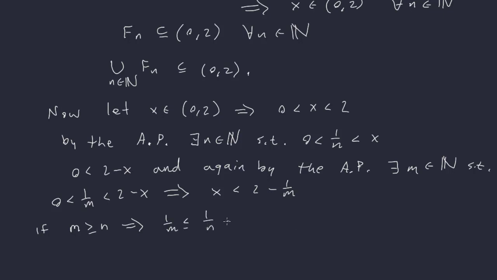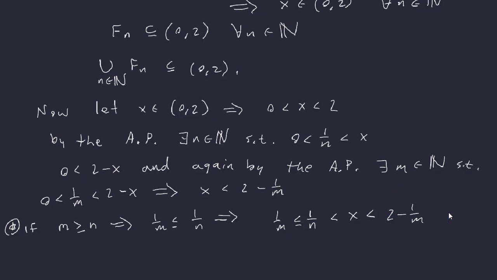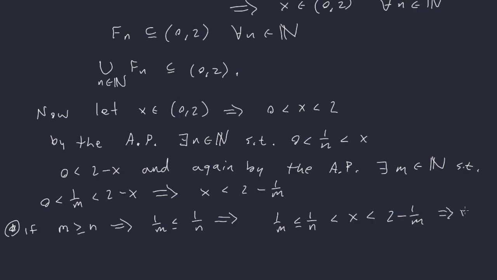Okay, so in this particular case, 1 over m would be less than or equal to 1 over n, which is less than x, which is less than 2 minus 1 over m. So this implies that x is in f sub m, sorry, m. All right, there's the first case.